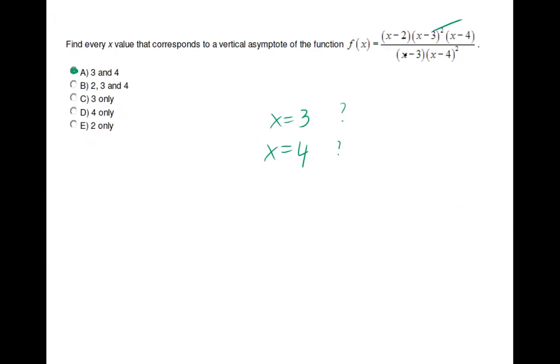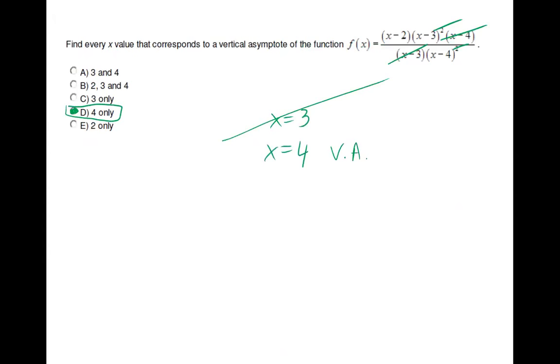And you can see this and this and this. That means I did cancel x minus 3 completely. Okay, only x equals 4 will give me an asymptote. Only this is a vertical asymptote. Okay, do you understand this?